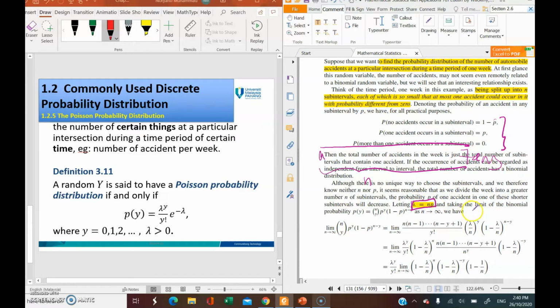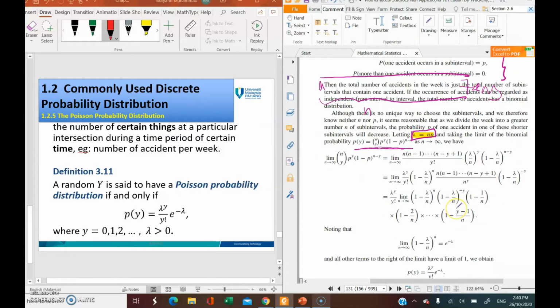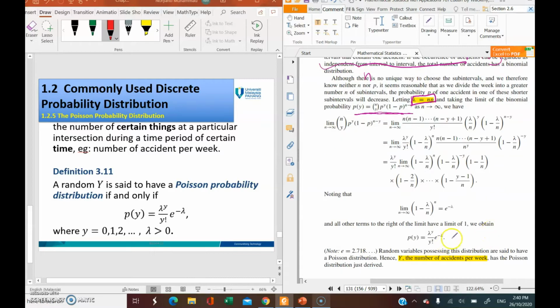Then by taking the limit of the binomial, if you remember, this is the binomial. And as n goes to infinity, you will get this equation. Finally, all the other terms have a limit of 1, and we will obtain this probability.